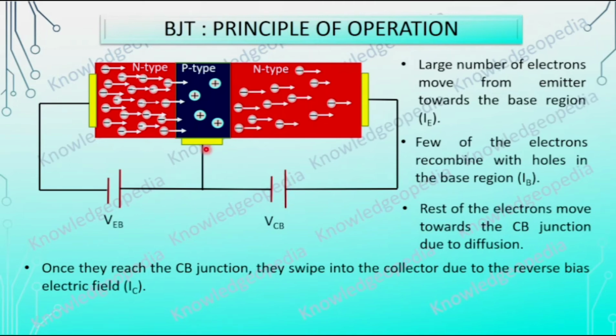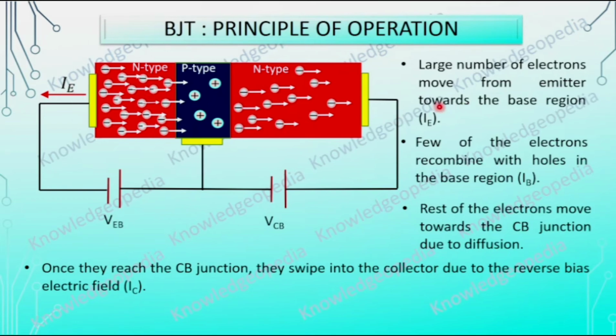Now if these carriers are moving, definitely some current should flow, right? So here if you consider this emitter, in the emitter the electrons are moving from left to right, you can see. Then what should be the current direction? That is from right to left. So from the device a current is coming in this direction, that is known as IE or emitter current.